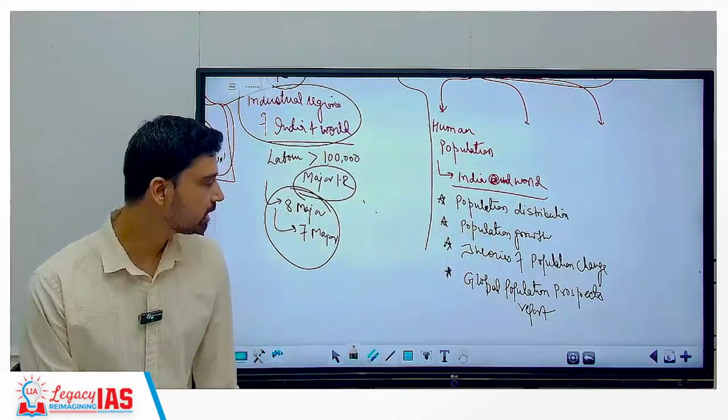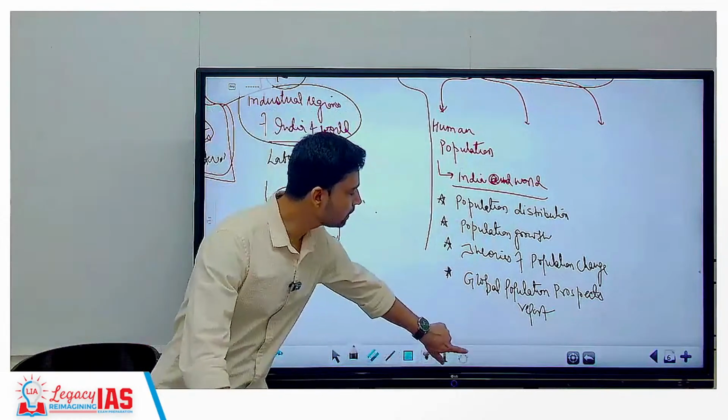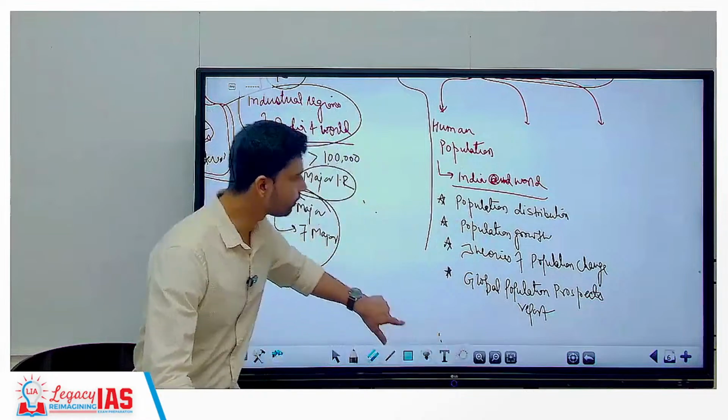It is a report published by the United Nations. These are the four major topics in population geography.